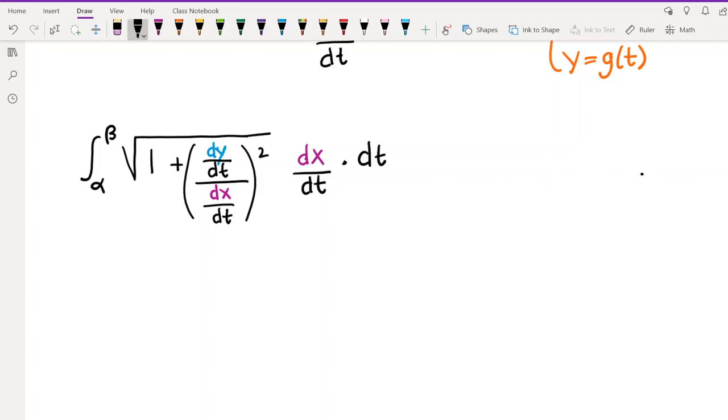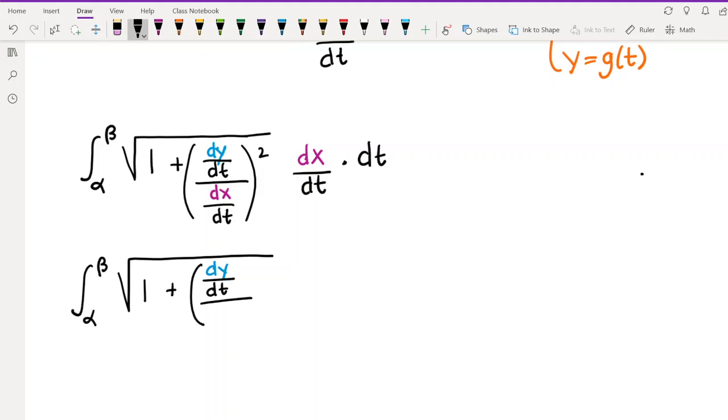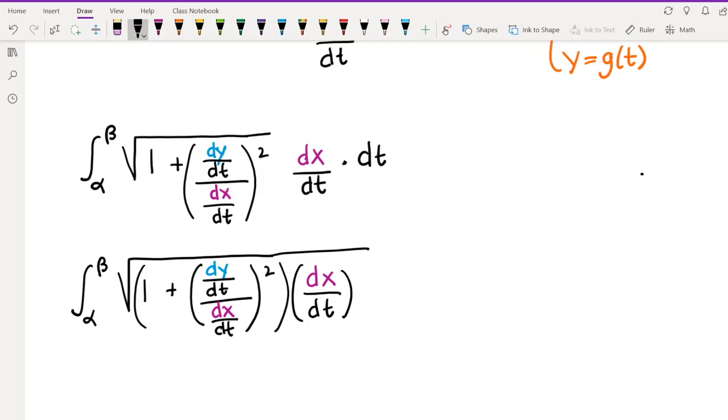So if we do this here, we'll get the integral from alpha to beta of the square root of 1 plus all this stuff, and now we're going to be multiplying this whole thing, so both of these things, by dx dt squared. And so we have the dt on the outside.